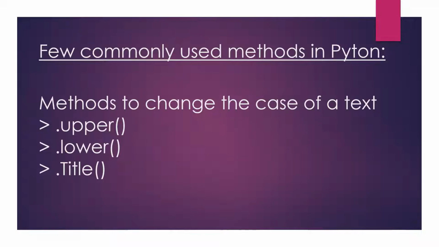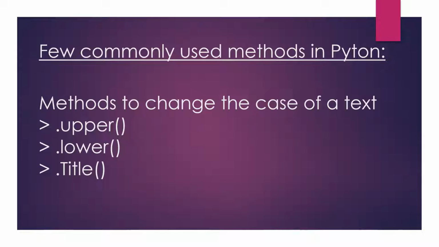If you want to change the case of a string to lowercase, there is a method lower. If we want to change the case of a string to title, there is a method called title. So let's see how we can apply these methods to a text or a string.